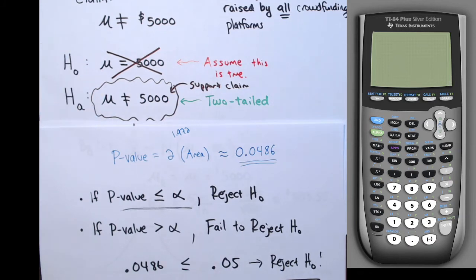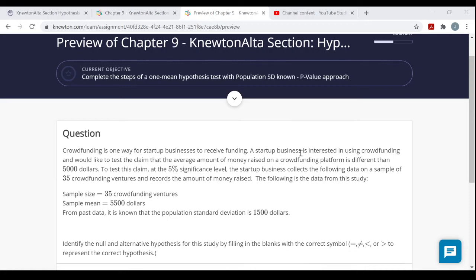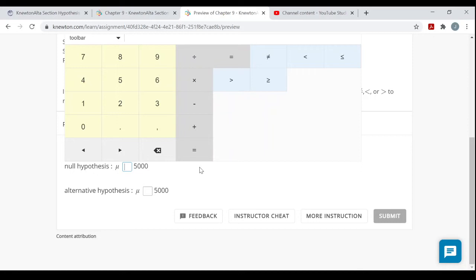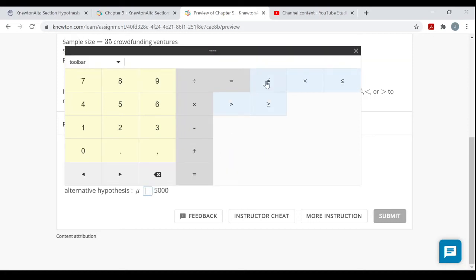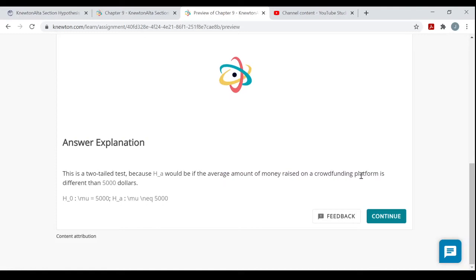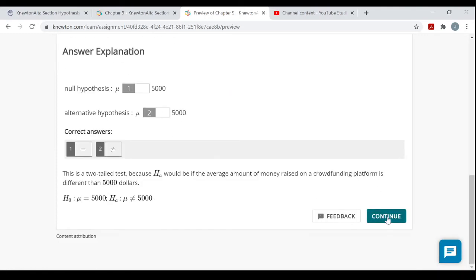All right. So taking all that, I'm going to go back and we'll fill all this stuff in. Now remember, the null hypothesis was the mean was equal to 5,000. The alternative hypothesis was the mean was not equal to 5,000. Then they have this interactive normal distribution that you move some dots around on.